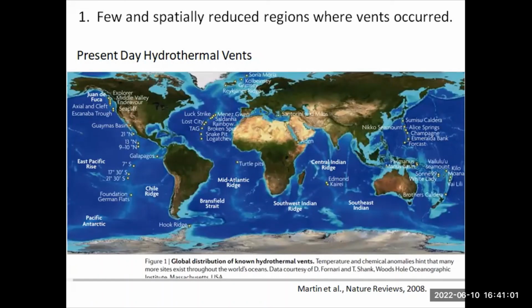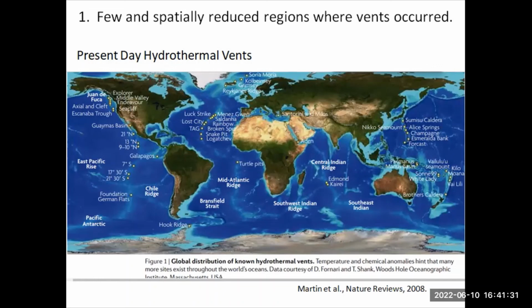So the first point against the hydrothermal vent theory of the origin of life is that there are very few, spatially reduced regions where these vents can occur. So these are the little dots here in yellow. If they're yellow or green, I can't really distinguish the difference because I'm colorblind, but these little tiny dots here are where these mid-ocean ridges occur and where these hydrothermal vents would be occurring.